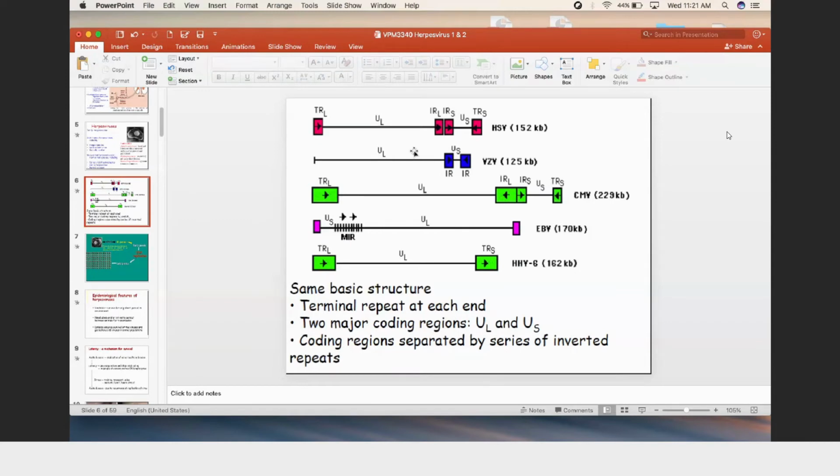That is why we use the genome map, and sometimes for virus classification too. Based on this mapping, many herpes viruses also get new groupings and new names from time to time.